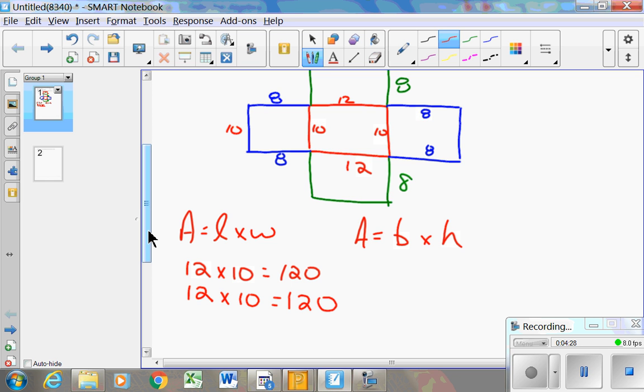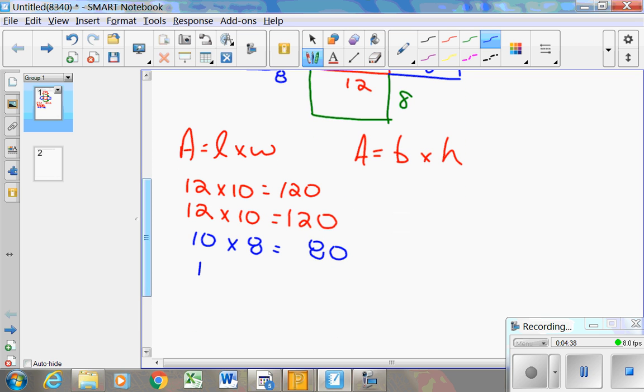If I look at my blue sides, they are 10 by 8, so that's 80 for one blue side. And I have 10 by 8 for the other blue side. And then my other sides, my green sides, are 12 by 8.